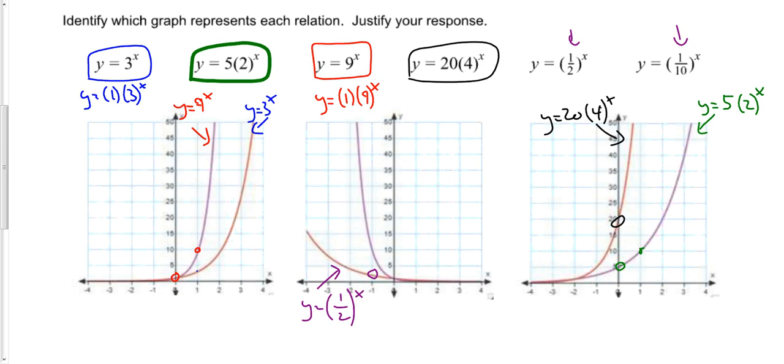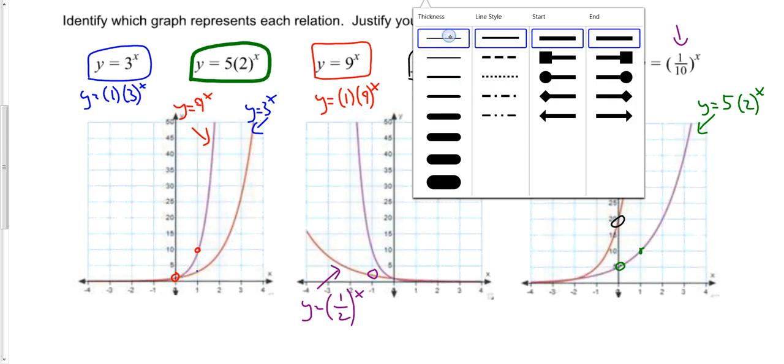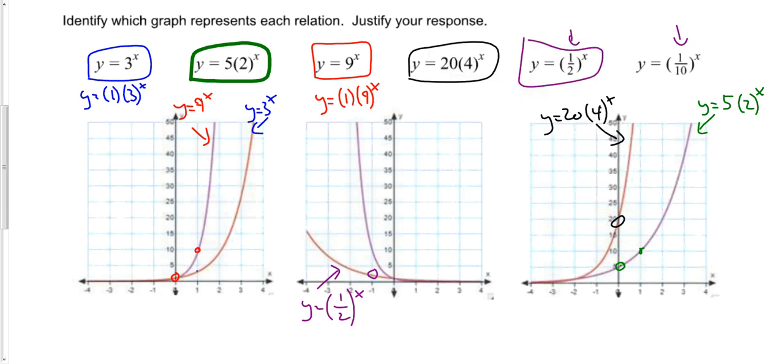And then finally, we'll do the last example. Here, y is equal to 1 over 10 to the exponent x. So 1 over 10 to the exponent negative 1 is actually equal to positive 10, and that happens right here.